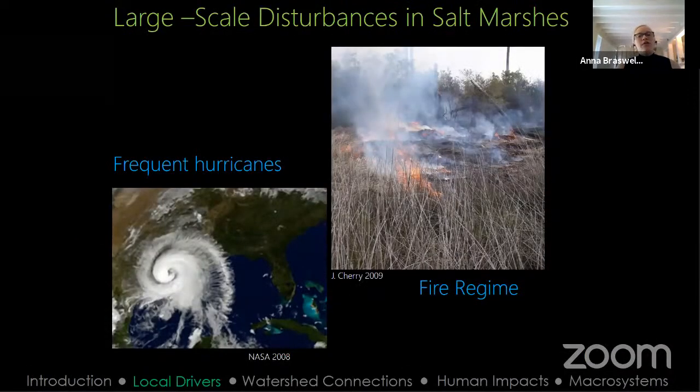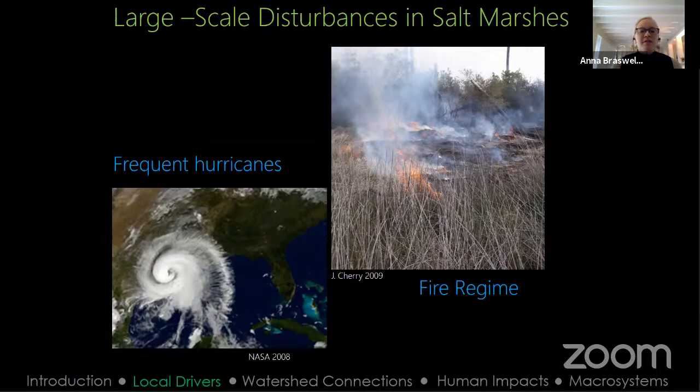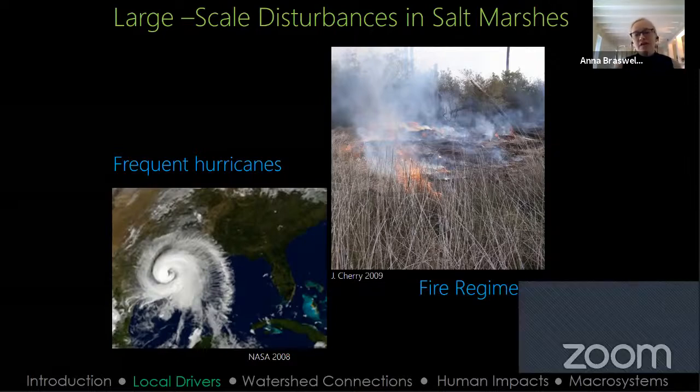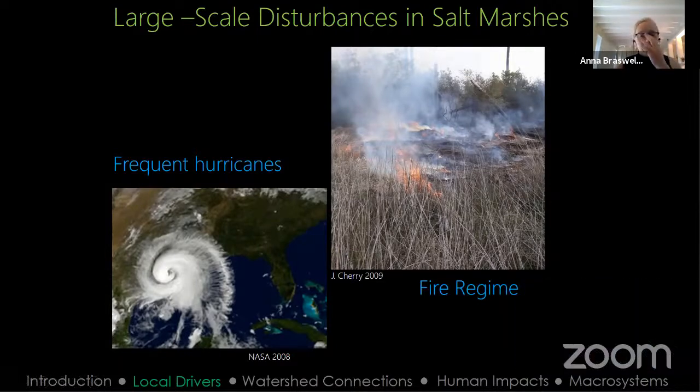We also know that salt marshes, particularly in the Gulf Coast, have large-scale disturbances that affect them. So we all know that hurricanes often hit the Gulf Coast, and these hurricanes bring with them floods that can impact the vegetation, but also bring sediment with them.